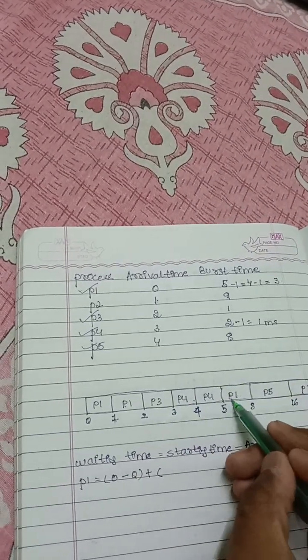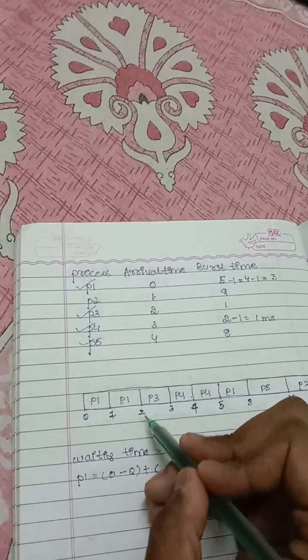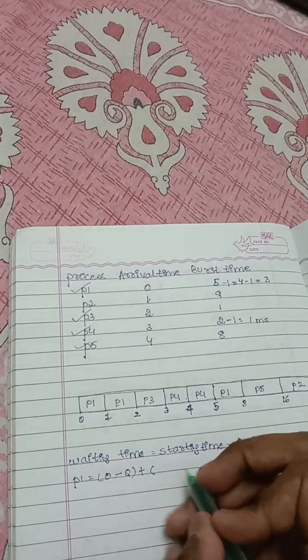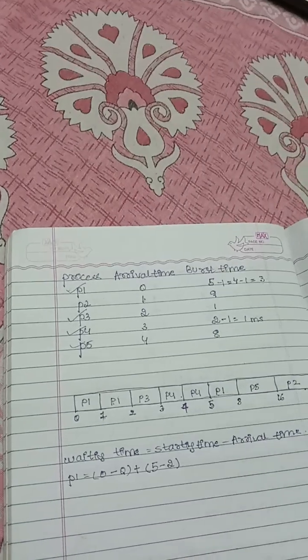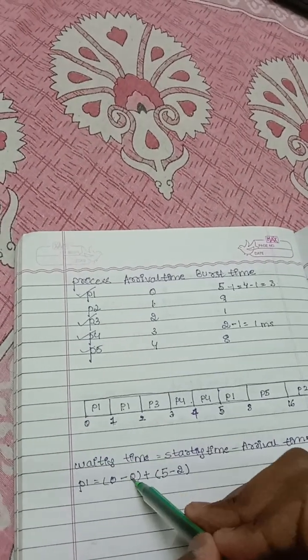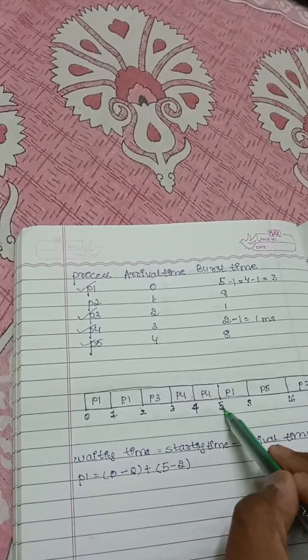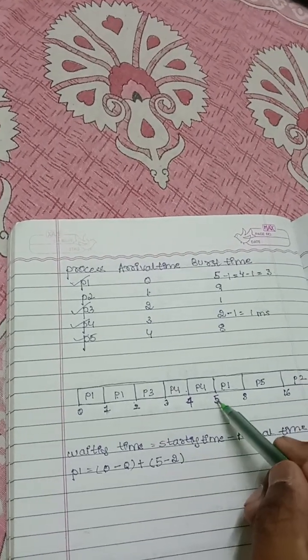And next, here P1 is there again. From 5 millisecond to 2 millisecond the process P1 has waited. Now subtract 2 millisecond from 5 millisecond. Are you understanding? Starting time is 0, arrival time is also 0 for the first burst, and similarly for the second burst, P1 is executed two times.